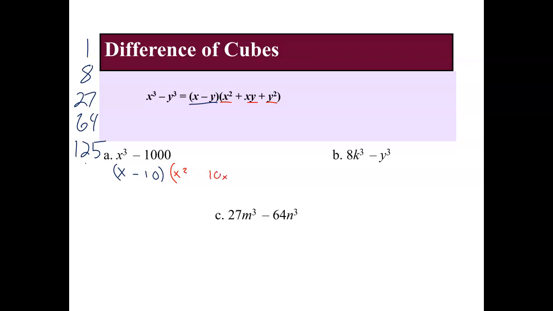And then I square the last term, what do I get? 100. So square it, multiply, square it, and then the difference of cubes is going to be plus, plus. I'm going to highlight the differences between the two in just a minute. And that's our factor. Boom.